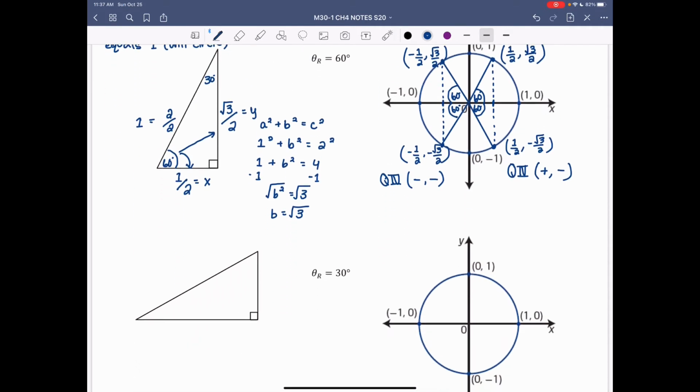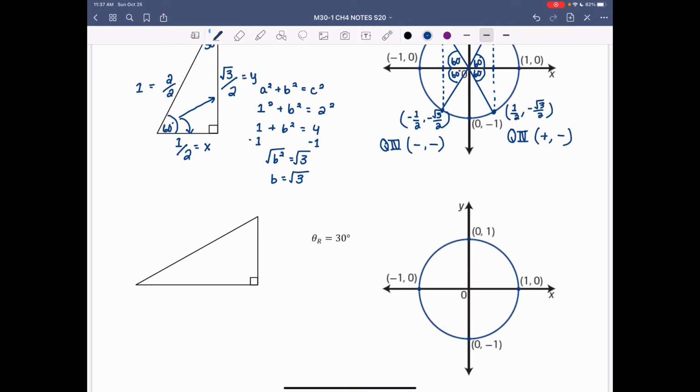Let's look at the reference angle of 30 degrees. So our triangle has been rotated. We have 30 degrees down here, 60 degrees up here. Our hypotenuse is still 1 for the unit circle. The side across from 60 degrees is root 3 over 2, as we saw from the diagram above, and the other side is 1/2.